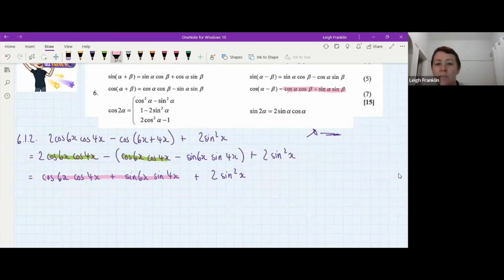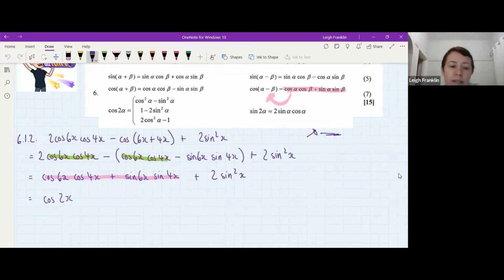So if I've got the expansion, what it wants me to do is go back and do the reversal of the expansion. So this is going to end up being cos 2x. Careful, not cos squared x, cos 2x.